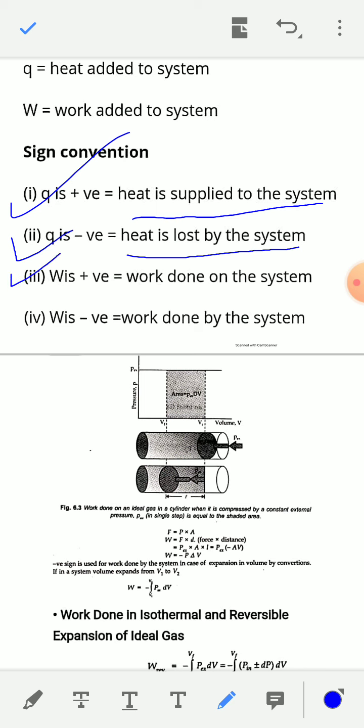And W is positive if work is done on the system, and W is negative if work is done by the system. If the system does work, then the work done is negative, and if work is done on the system, then the value of W, work, is positive.